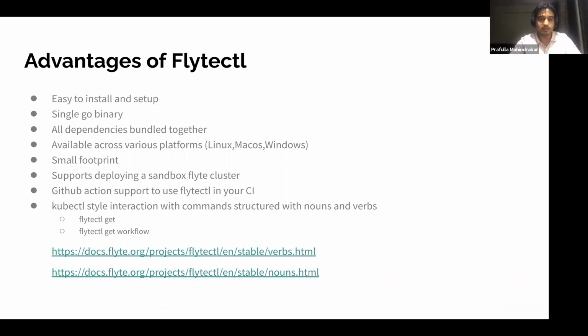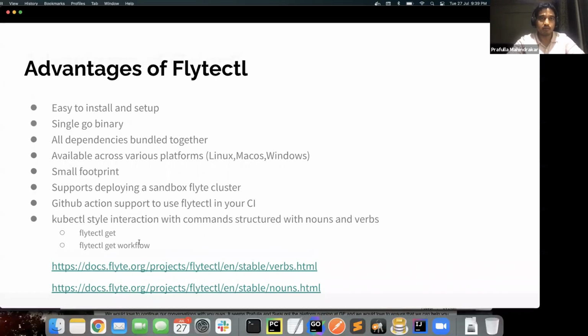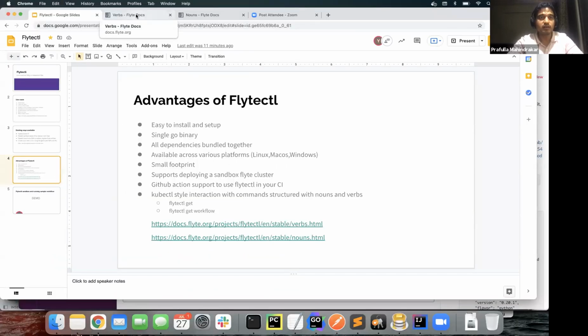We've structured all our commands in that way. So you have the subcommand, and within that you have the particular resource on which you want to act. So you have Flytectl get workflow or Flytectl get execution. And I can just show you the main page where we have all this defined.